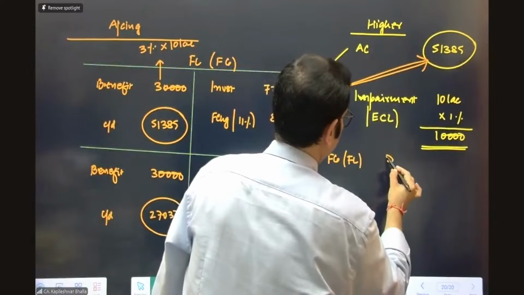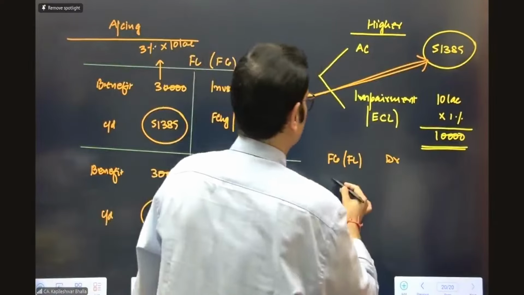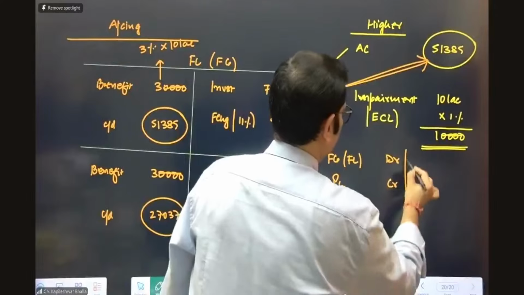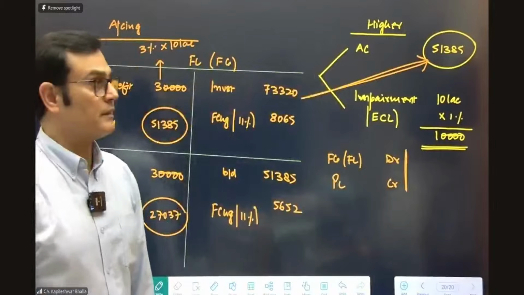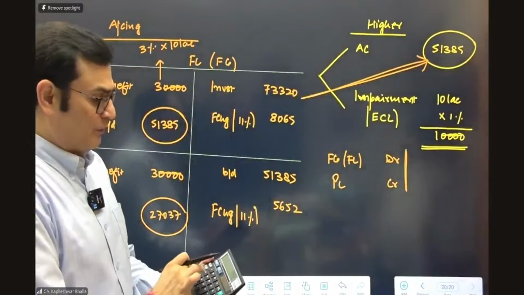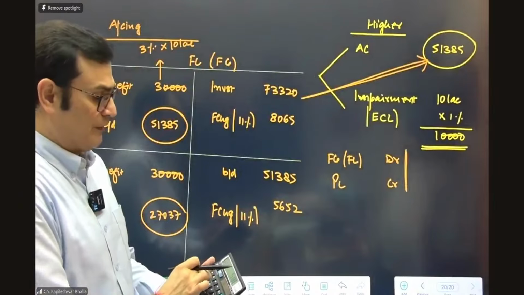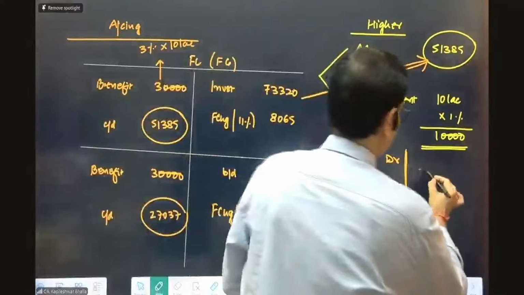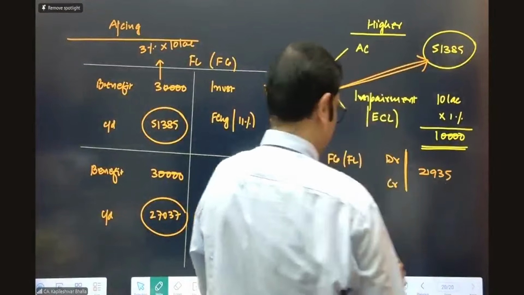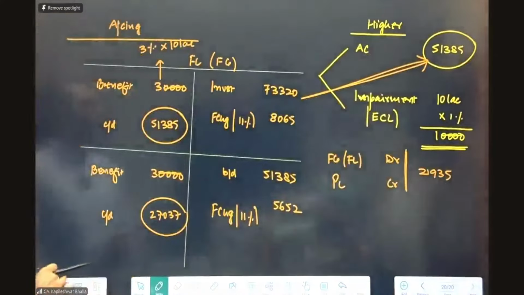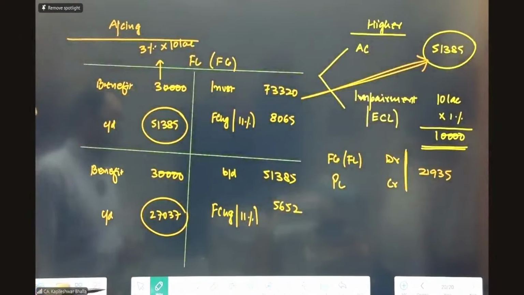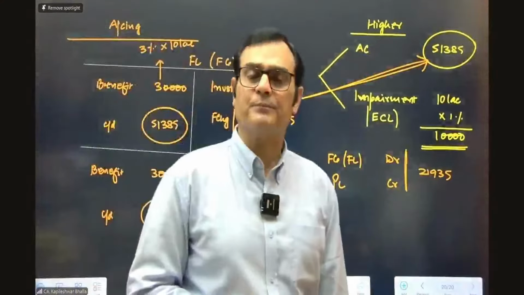That is, financial liability gets a debit and the profit and loss gets a credit. The difference will get adjusted at this stage. 73,320 minus 51,385. So we will take 21,935 in the profit and loss, which is a remeasurement of this liability at the end of the first year.